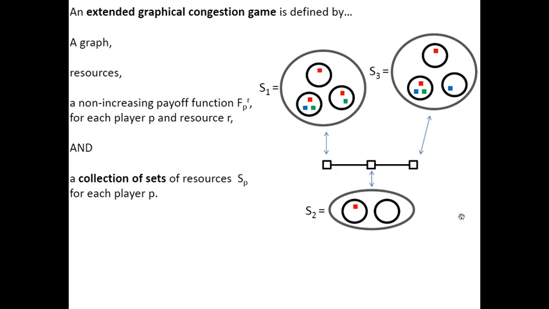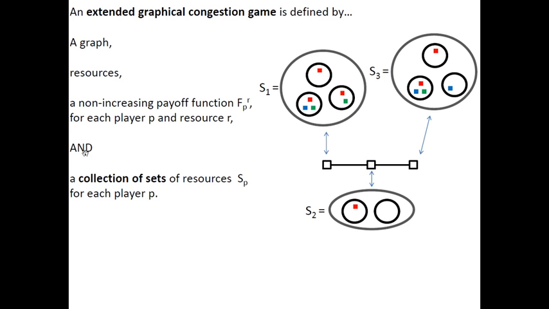The basic idea is that we have a graph and we have resources, and we have a non-increasing payoff function for each player and each resource. So these three things are just like what we had before. But we've got an extra thing now because our players are now choosing sets of strategies to use. And so every player makes a choice during the middle of this game.